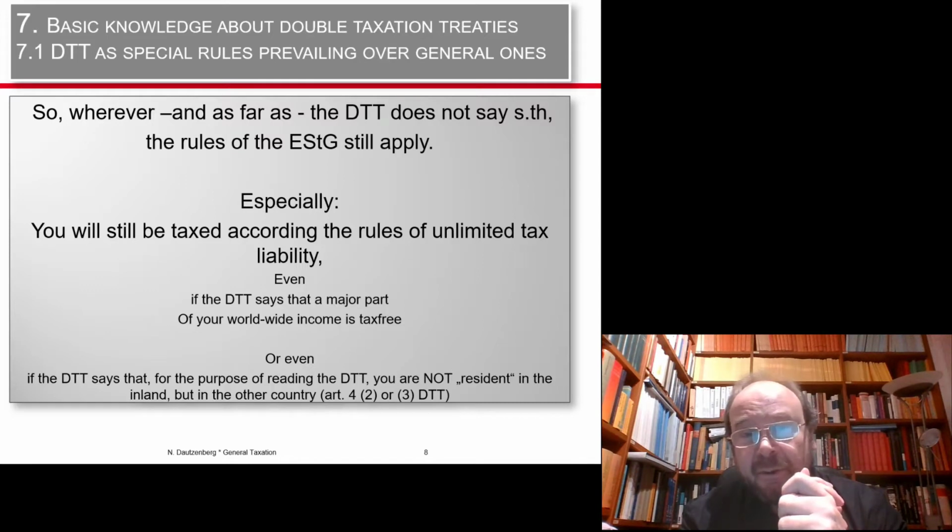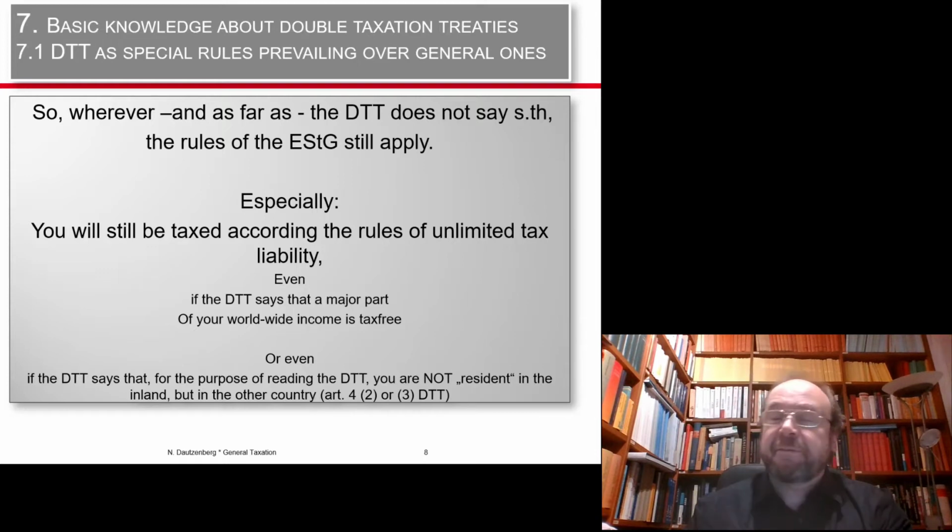We forget all about the way we got there, especially all this residence stuff which we debated there. We completely forget the Double Taxation Treaty residence decision, and then we treat you normally under national law with that which remains to be taxed under the treaty rules for us.